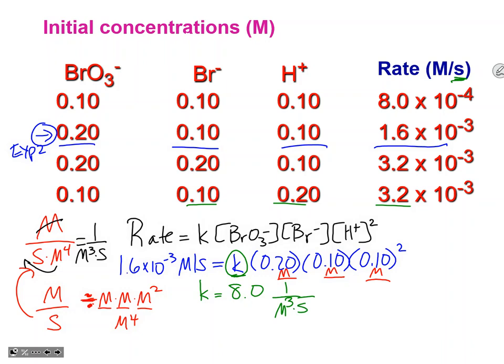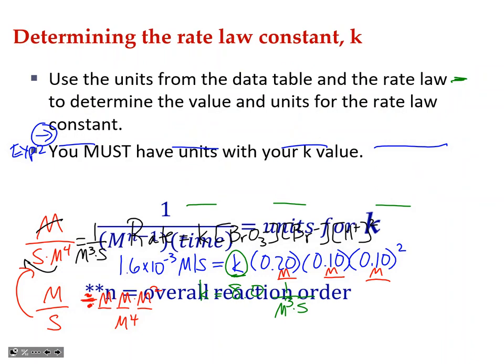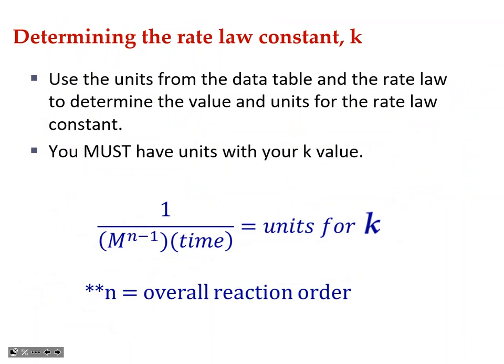That's pretty complicated to think about and try to cancel all of that down. So I'm going to give you a shortcut to finding the K units without having to do all that canceling and modifying. You can use this equation here, because those rate constant units are very important.